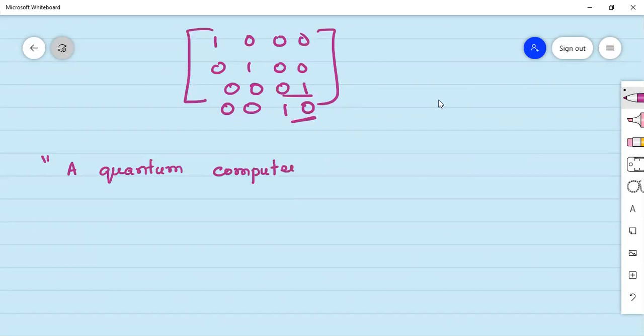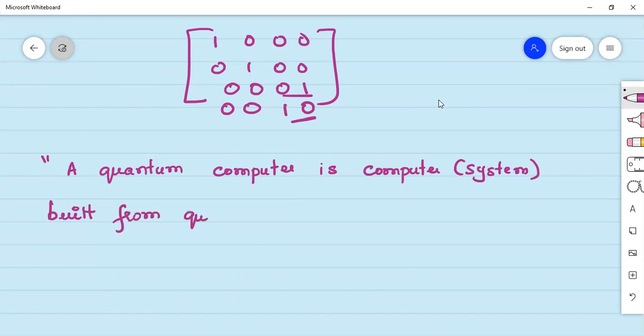We can say a quantum computer is a computer, or we can also call it a system, built from quantum circuits.